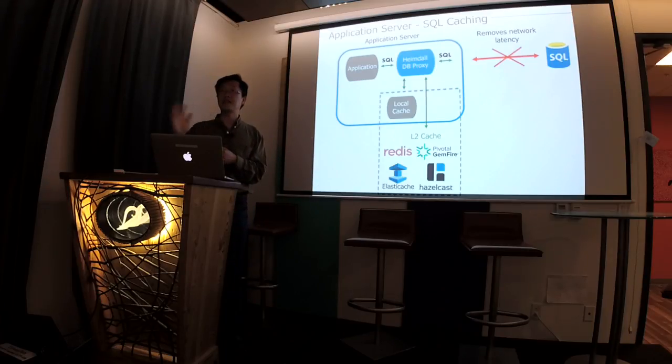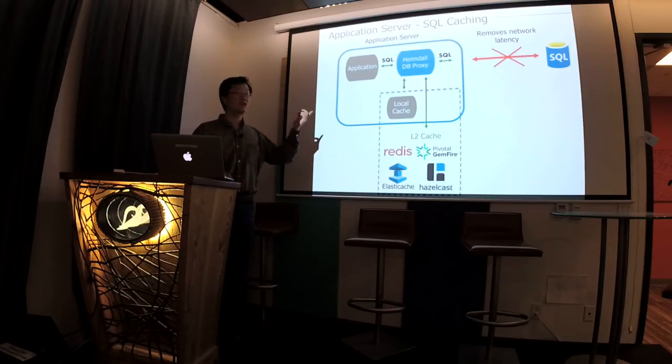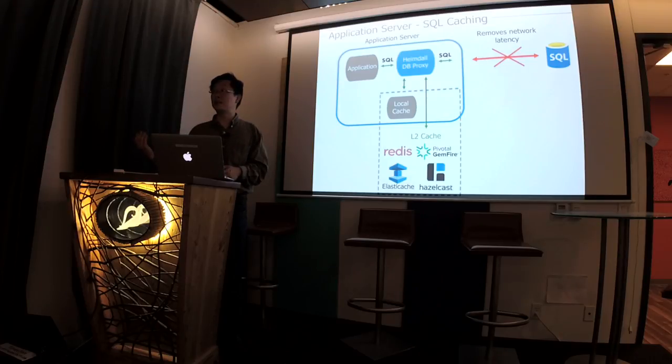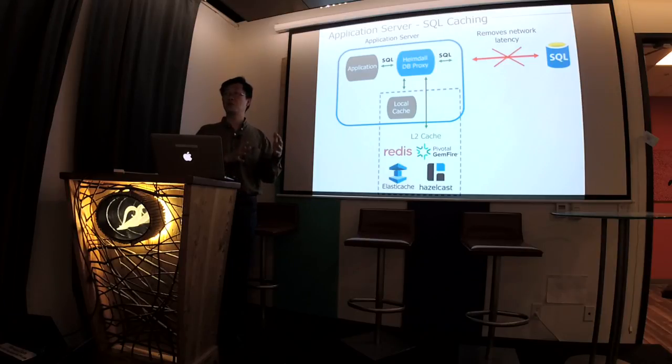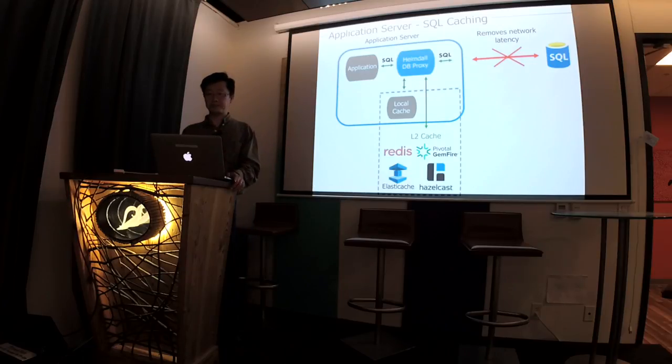The application thinks that it's talking to the database upon a read, but it's being served from memory locally. That's pretty fast. The other benefit is that it's offloading the database. So if you have a commercial database, you're saving hardware, licenses, and costs. There are a lot of benefits to caching SQL and doing optimizations on SQL from an application perspective.